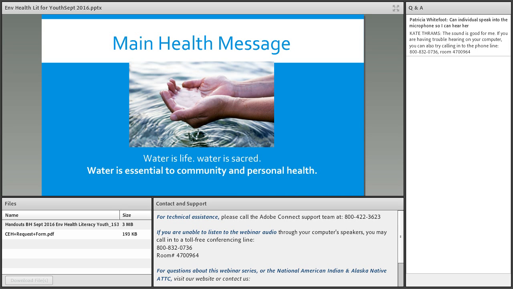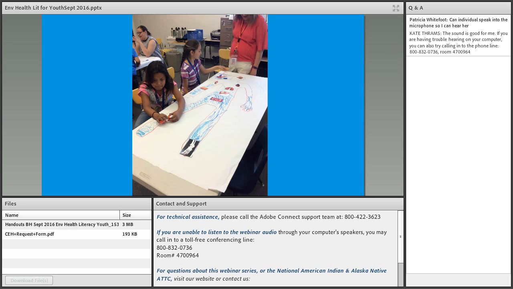And so we finally settled on the first main health message, which is this basic message of water is life, water is sacred, and that it's essential to community and personal health. That first piece, the science-based piece, was talking to the kids about how water is important to their bodies, how much water the human body is made of, and how much water is in our food.